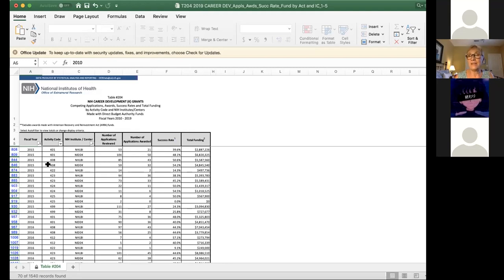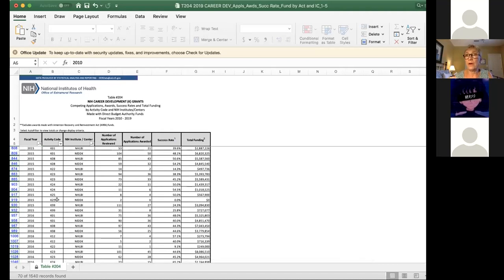K08 is a clinical faculty who wants to do laboratory research or get training in laboratory research. K22 is different for every institute, so it depends on your institute. K23 is patient-oriented research. You do need to be a healthcare professional to apply for that one. But that means pharmacists, DOs, etc. It's not just MDs.